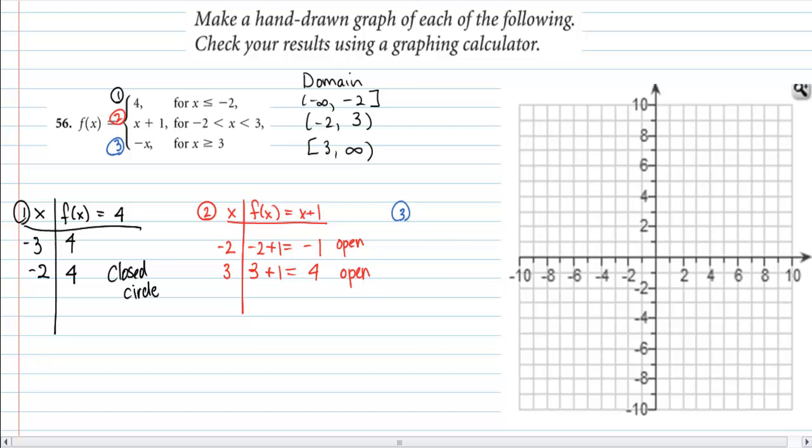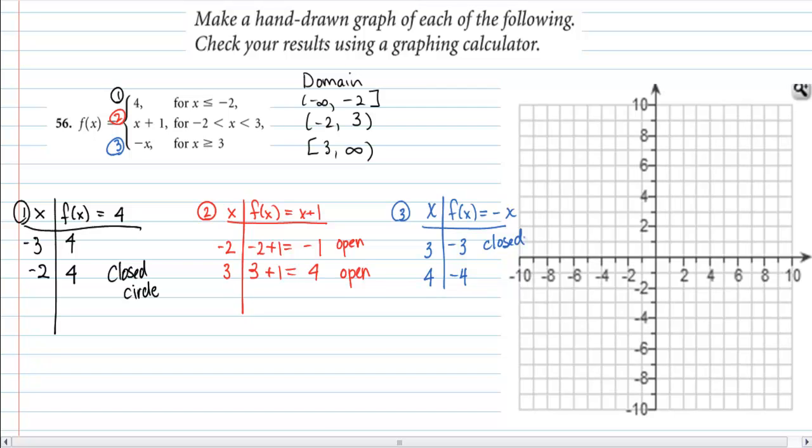And for the third function of f of x being equal to negative x, I need to pick a value that is greater than or equal to 3, and one of them has to be 3. A number greater than 3 would be 4. Plug that into the function, I get negative 3 and negative 4. And because the domain of the third function includes the 3, I'm going to have a closed circle at 3, negative 3.